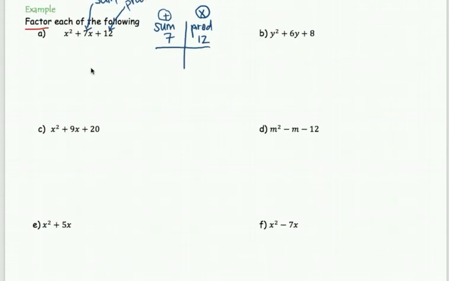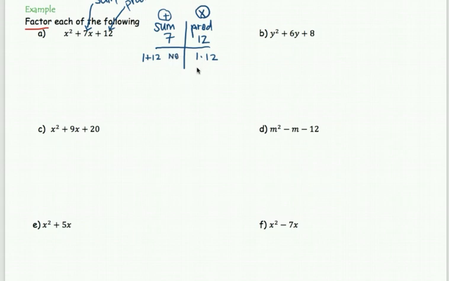I'm going to start going through them. I have 1 times 12, which makes 12, right? But if I add those same two numbers, are they going to add to 7? No. So these are not the numbers we need.